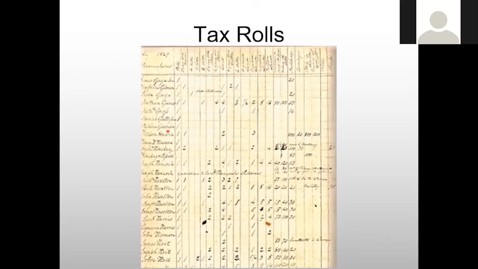Was it 18? Was it 21? So tax rolls can be a valuable resource as well. It's going to tell you also how prosperous the family was and what kinds of ownership they had, how many bushels of wheat or corn or what have you were they growing.